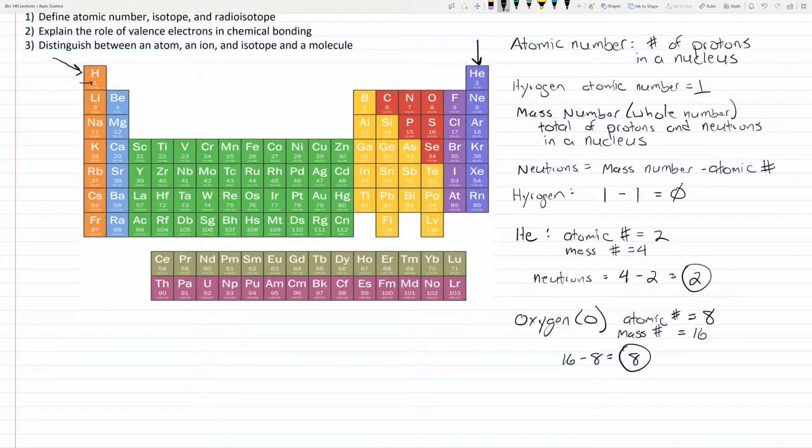Before I go on, there is another way you can find the mass number, and it involves rounding, and then you apply the formula. Sometimes you aren't given the mass number on a periodic table. Sometimes you are given something called atomic mass.